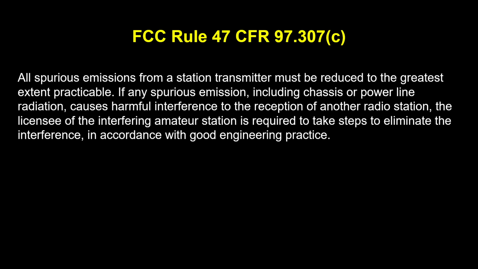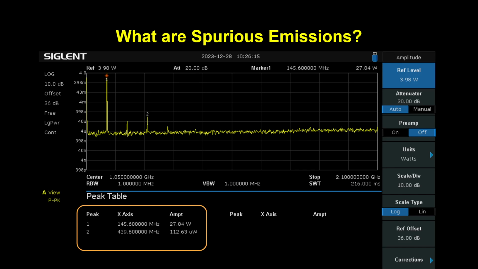So right here it says that we as the operator are responsible to mitigate those spurious emissions. But it's still fairly vague to us what it means. So if we go back and look at our measurements here, we still don't know if those harmonics cause any issues or not.